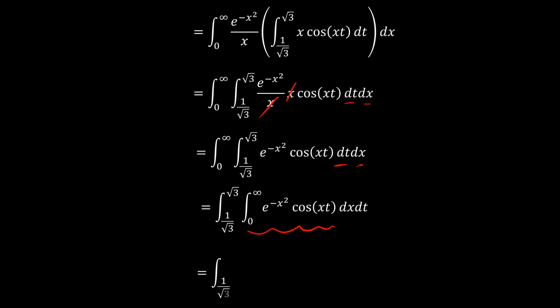So let's just highlight that integral, the integral from x equals 0 to x tending to infinity of e to the power negative x squared times cosine xt. Let's take t to be a parameter, and we're going to call this integral I of t.